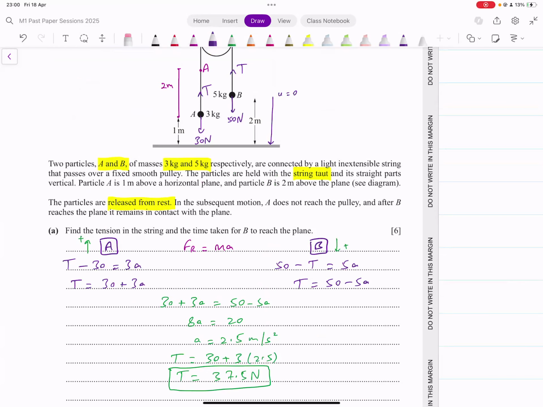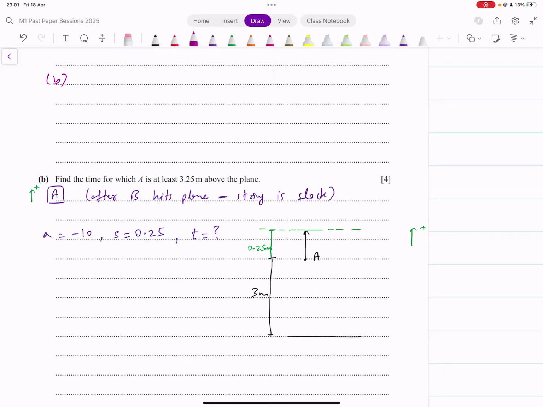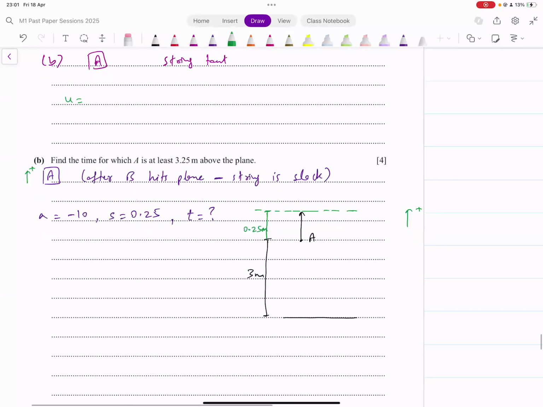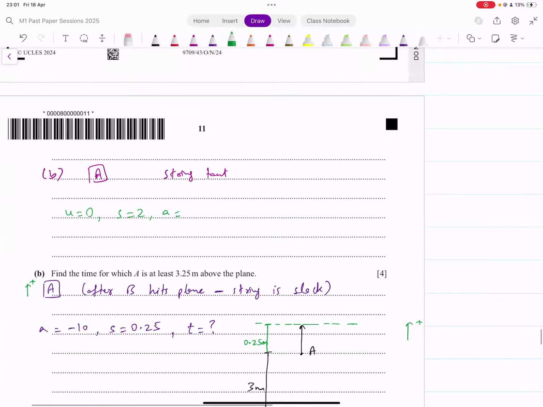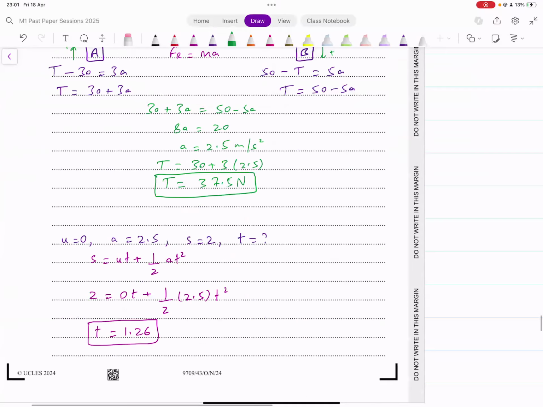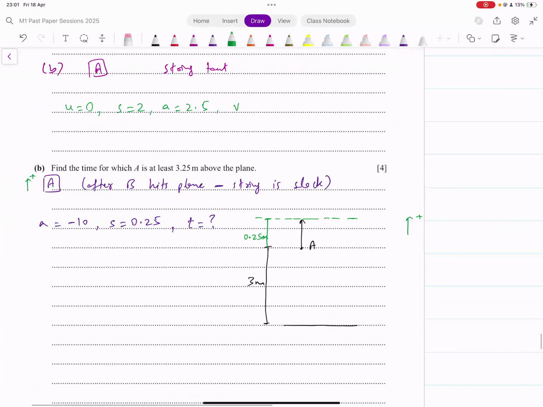Okay, let's find that. This is for the second part, when the string was taut. What do we know about A? Initial velocity was 0. Displacement was 2. And acceleration we found to be 2.5. Can we find the final velocity from that?